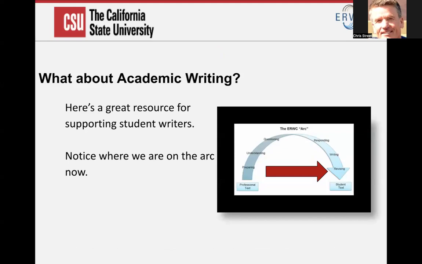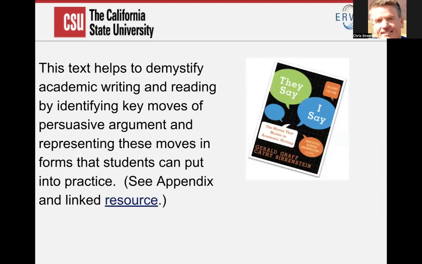And so now, finally, one more thing. Academic writing. Students struggle with this. They oftentimes don't really know what we mean by academic writing. So this is a great book if you haven't heard of They Say, I Say. It is a great book that's been around for a long time.